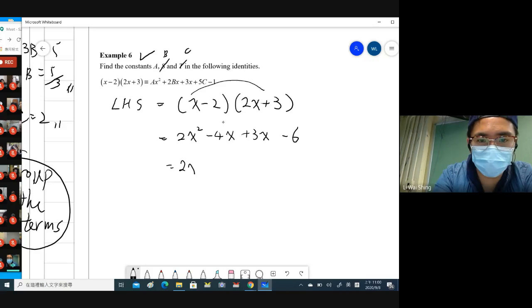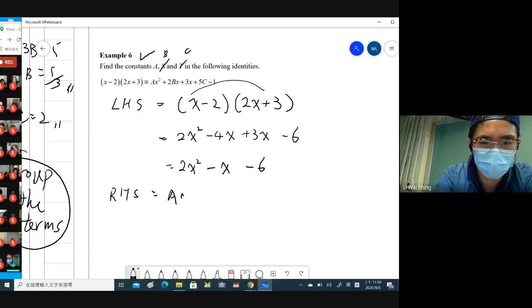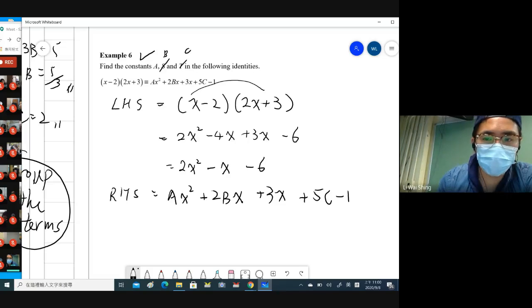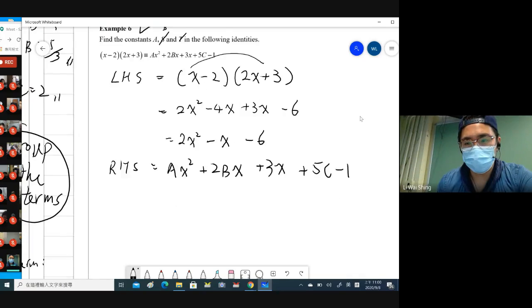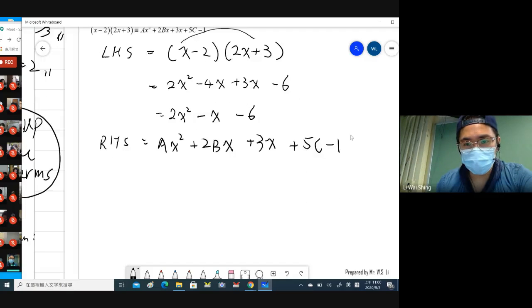So it will be 2x squared minus x minus 6. However, for the right-hand side, you can see I have some x squared term here, I have some x term here, I have some terms without x. You need to group them.